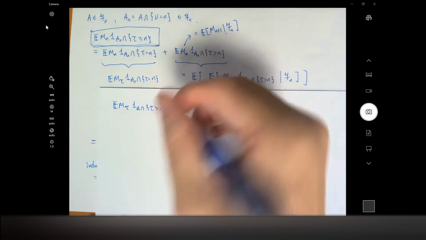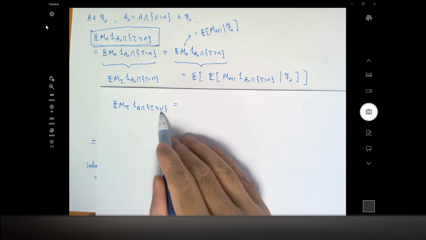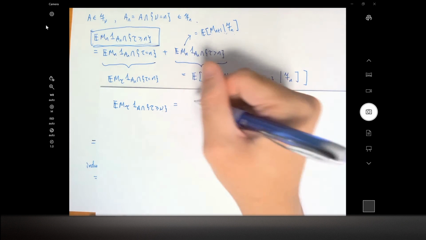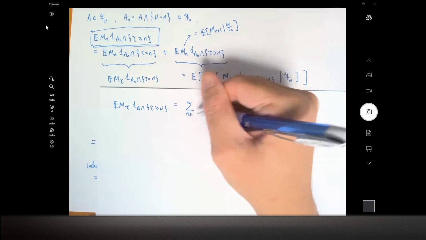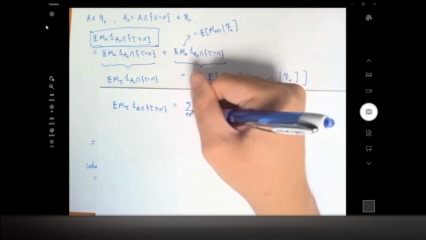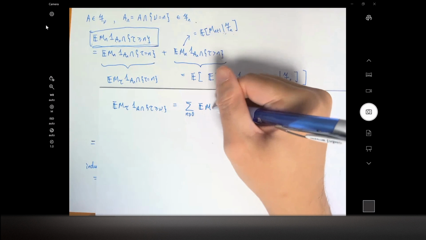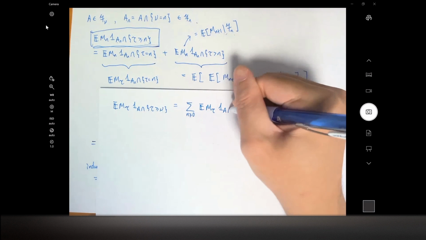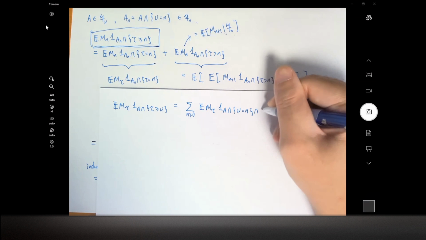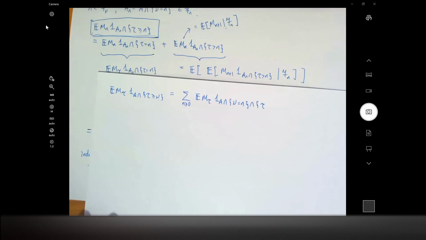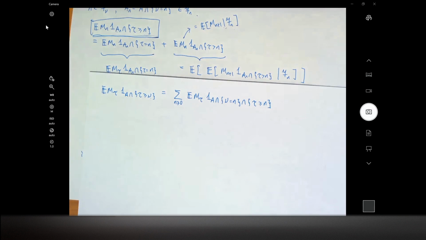So this will be equal to, I'm going to break it up according to the value of nu: the sum over n, starting at 0, of the event nu equals n. And on the event nu equals n, I can replace my nu with n.